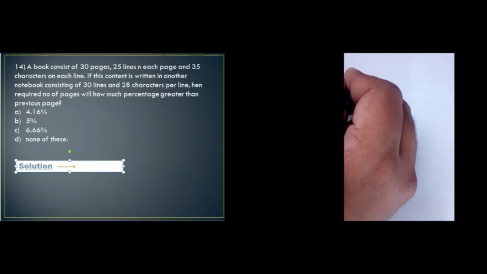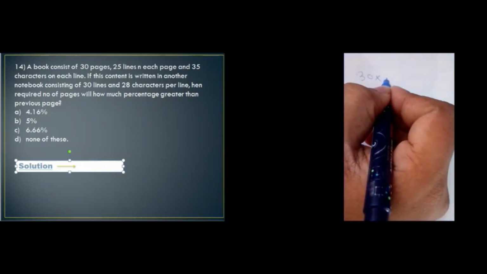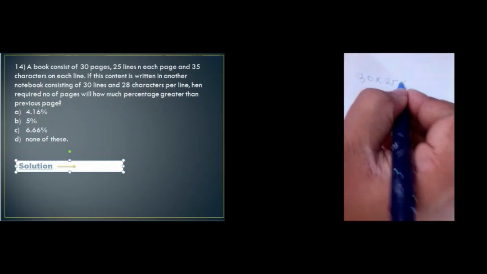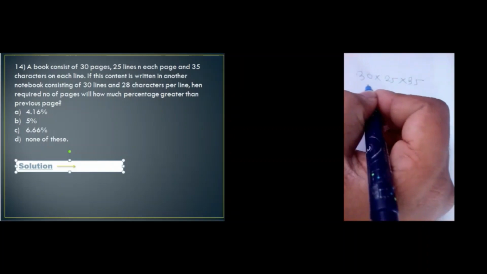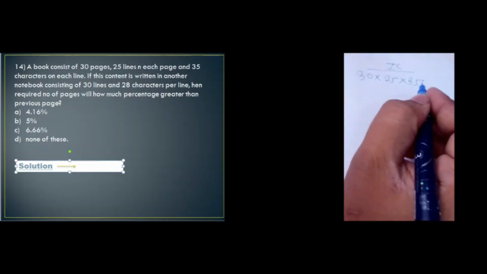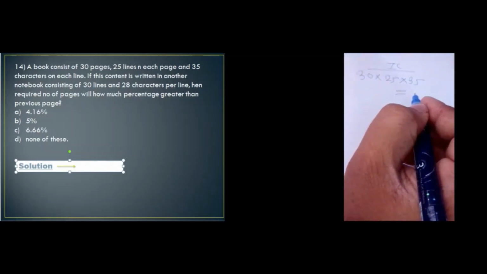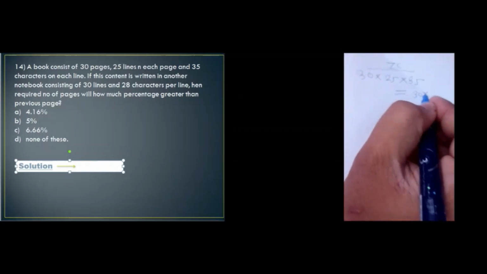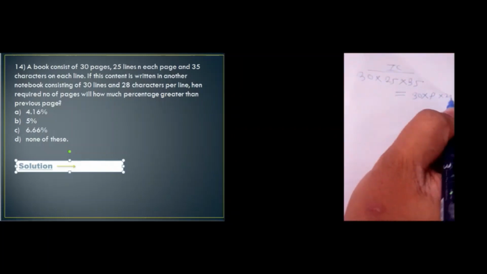So there are 30 pages. In those 30 pages there are 25 lines, and in each line there are 35 characters. So this is going to be the total number of characters. The same number of characters we have to accommodate in another notebook, in which there are 30 lines, suppose p number of pages, and 28 characters.